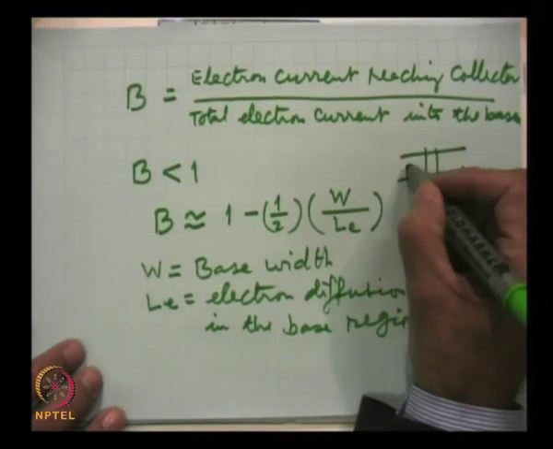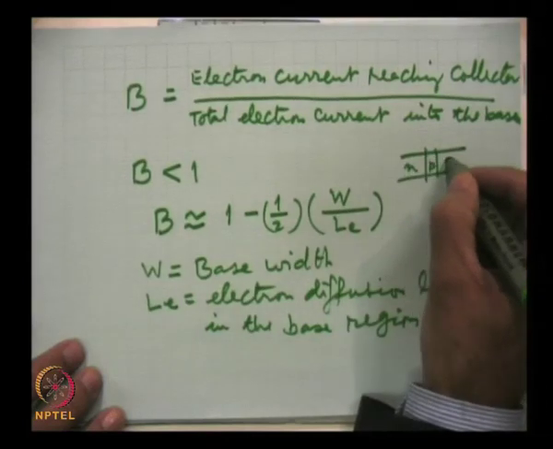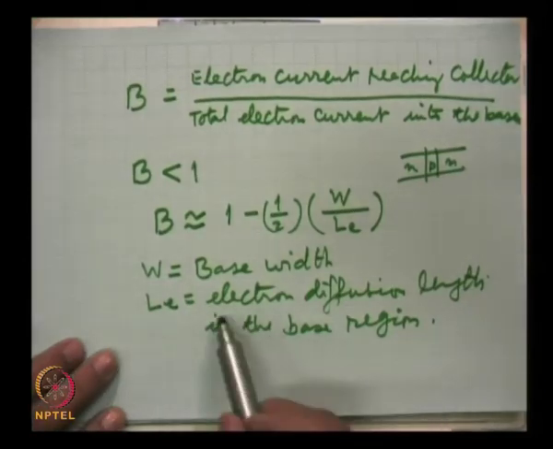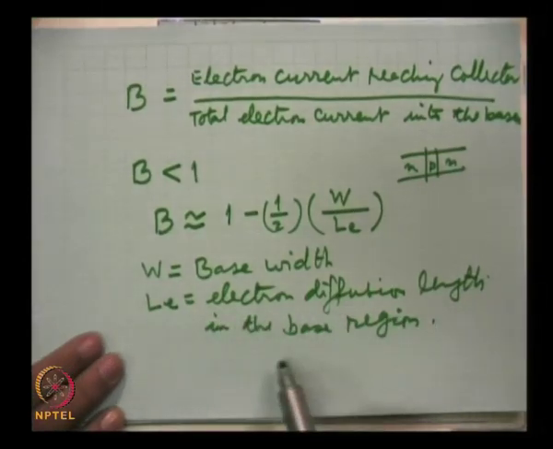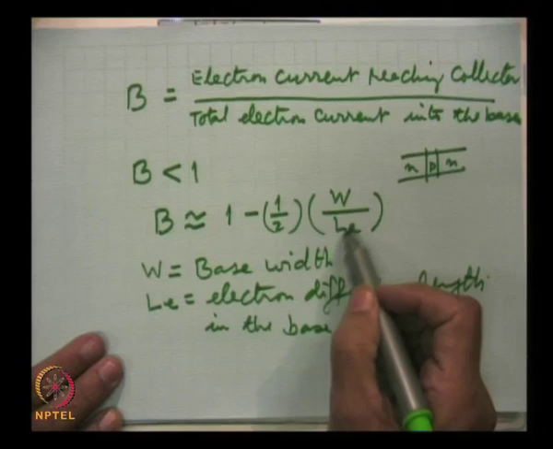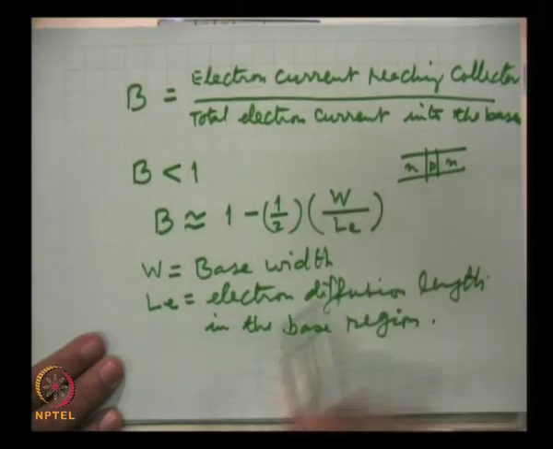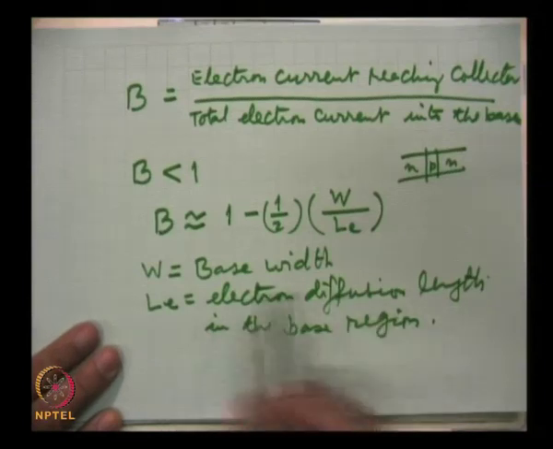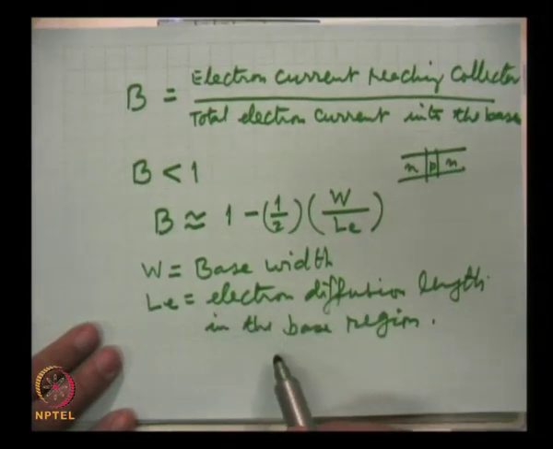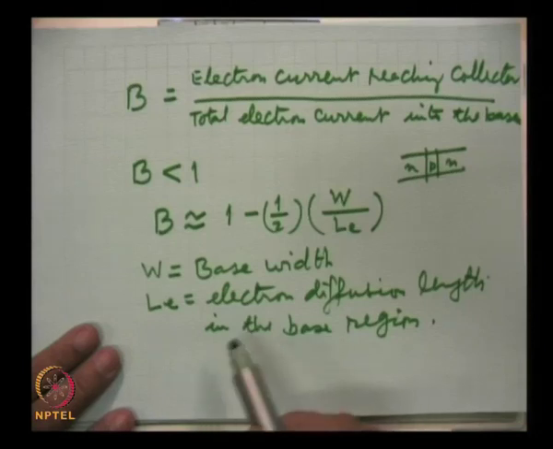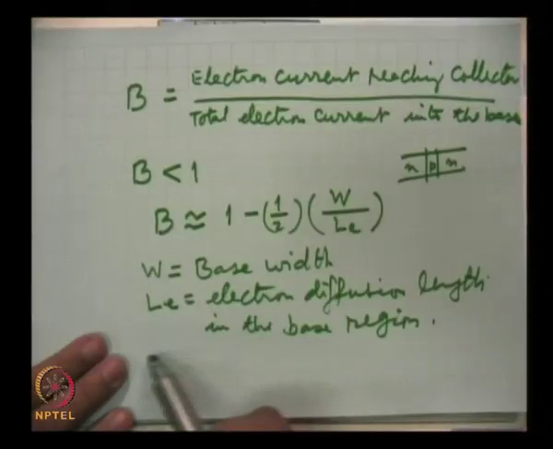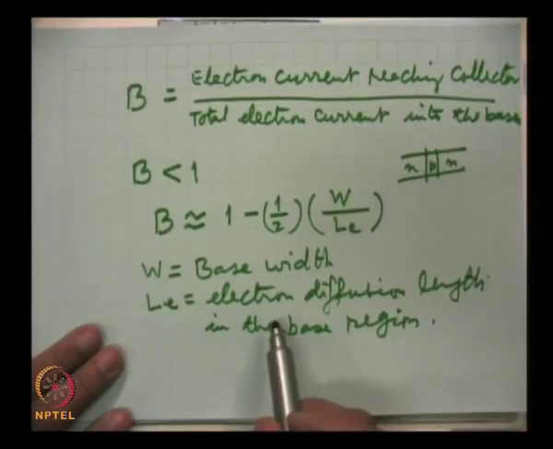This was base, this is N P N, and the electron diffusion length in the base region should be made high to make this factor still smaller. And again this is achieved by making the base region very lightly doped. The more lightly doped the region, the higher will be the electron minority diffusion.